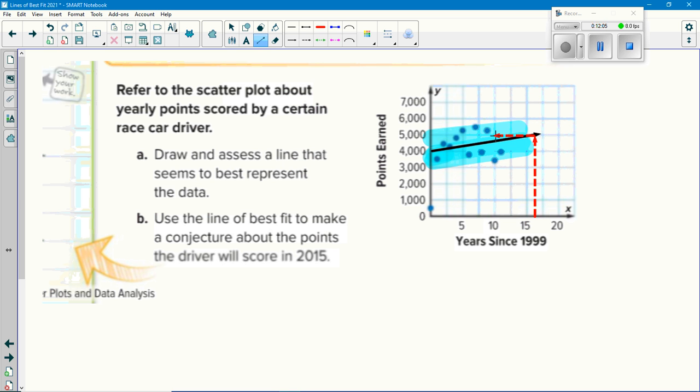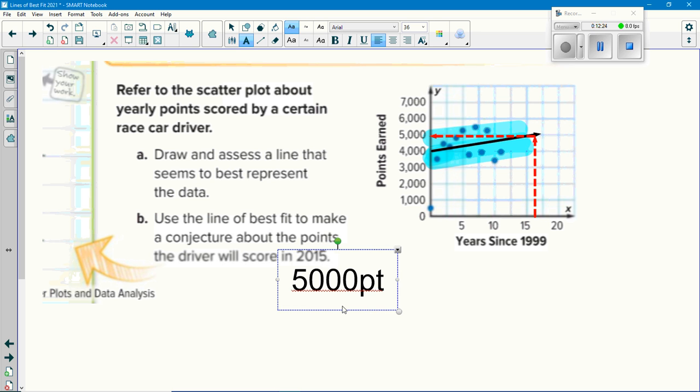Then I look over here and my conjecture would be that in 2015, if things stay on their current trend, 5,000 points would be a reasonable expectation for that year based on past performance. We're not guaranteeing it, but it's a reasonable conjecture based on what we see. That's how we use scatter plots and how we draw a best fit line.